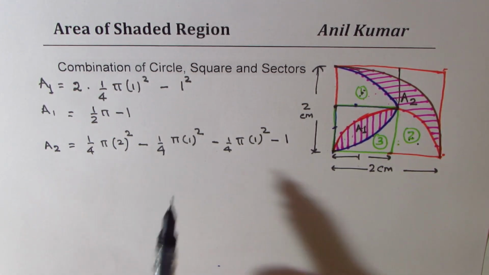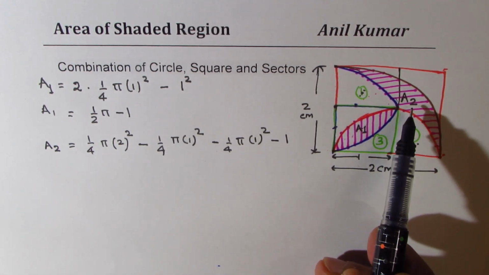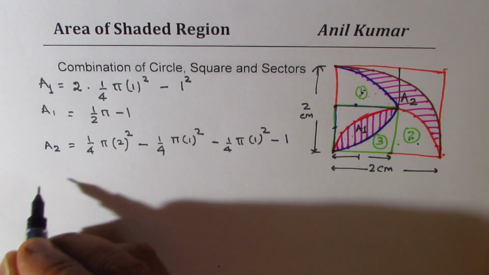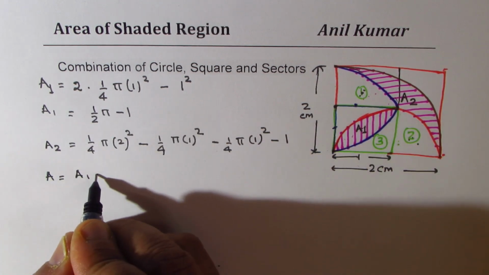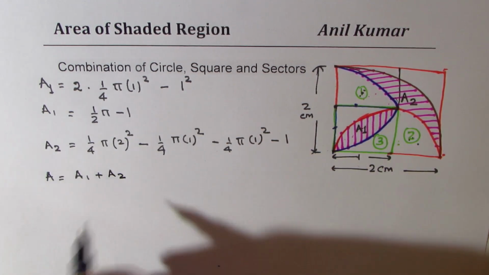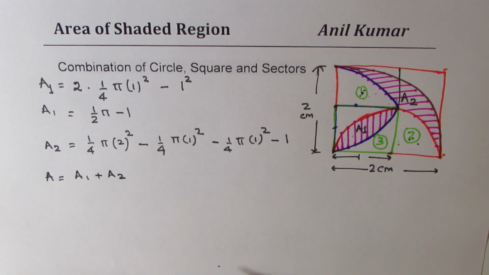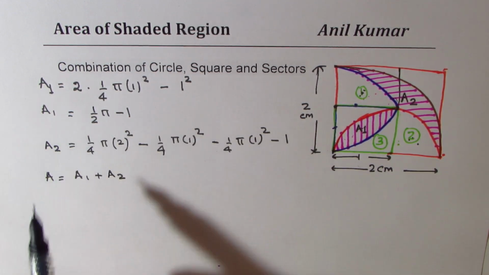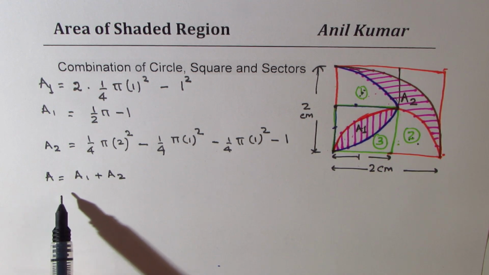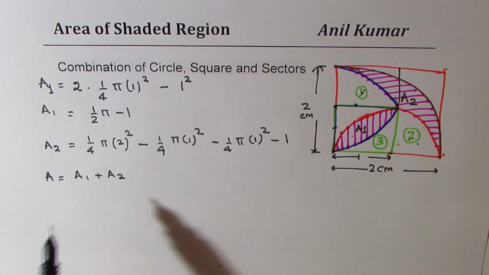So that becomes the area of A2, correct? Now the total area A is the sum of these two areas, A1 and A2. So we can add all these terms to get our total area, correct?